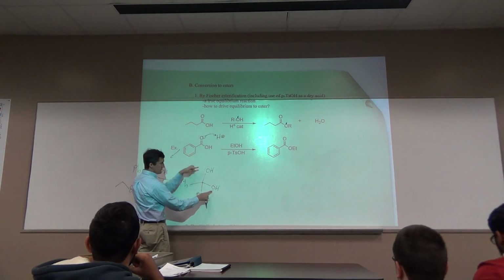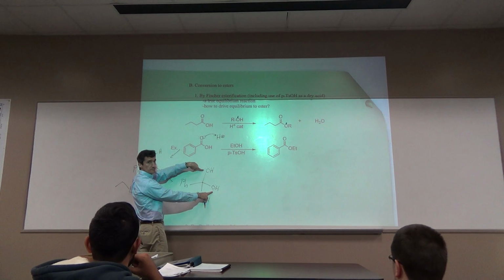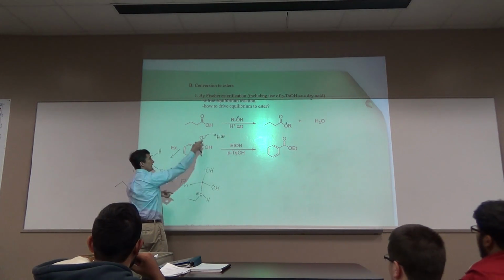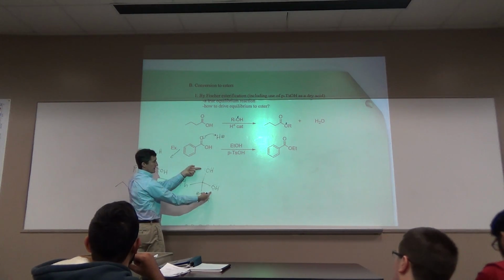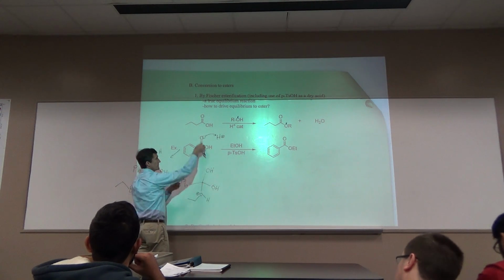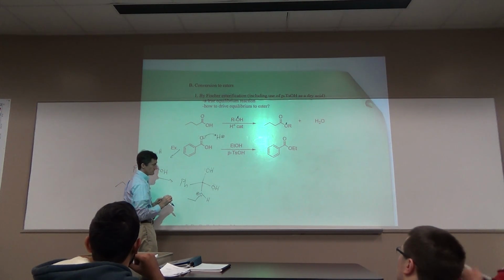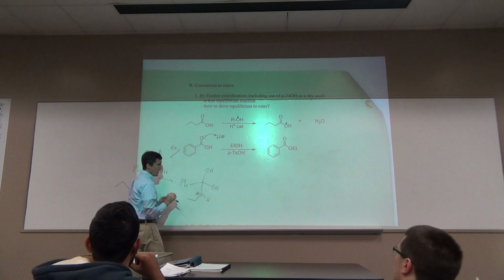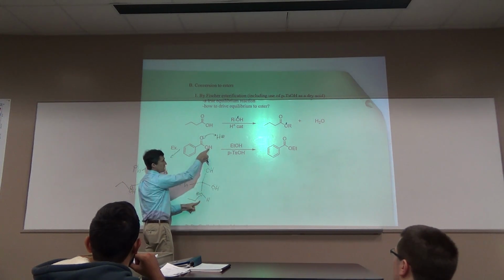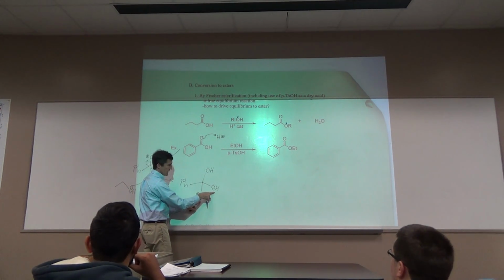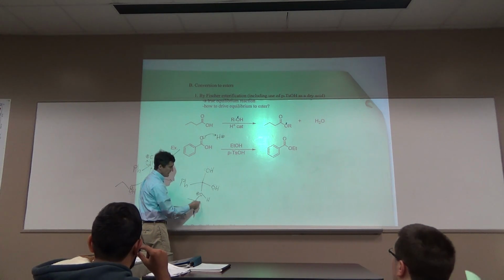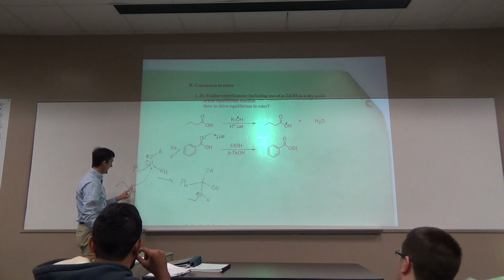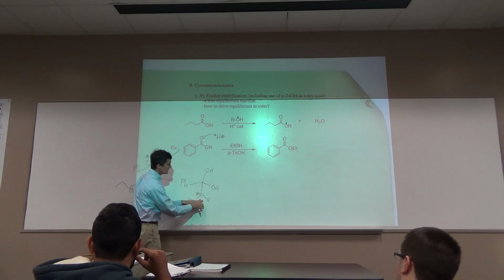Now note at this point, both of these OHs are equivalent. These oxygens become equivalent. That's why I say you can lose either one. Let's just say we're going to lose this one. How do you make oxygen a better leaving group? Protonate it. This one's protonated because once it added, this H is here.